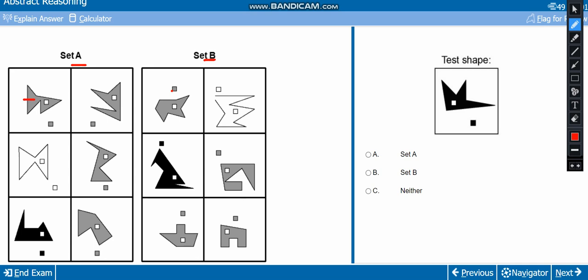And remember, within abstract reasoning, counting and looking at the number of corners is often a telltale sign for the pattern. As we can see in set A, we have 1, 2, 3, 4, 5, 6 corners within a larger shape. At first, I was a bit hesitant to conclude whether this is the case, as different colored shapes, for example, white, gray, or black, could have their own pattern.